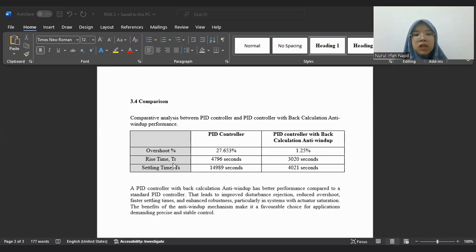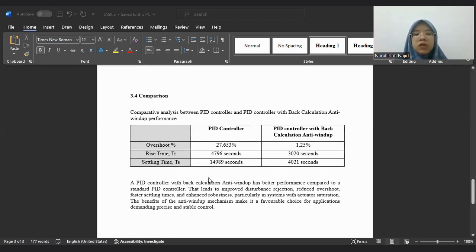Next, for the rise time, for the PID controller is 4,796 seconds. Then for the robust PID controller design, we get 3,020 seconds. Then we get the settling time, which is 14,989 seconds.